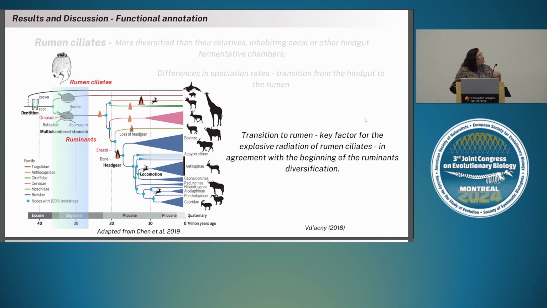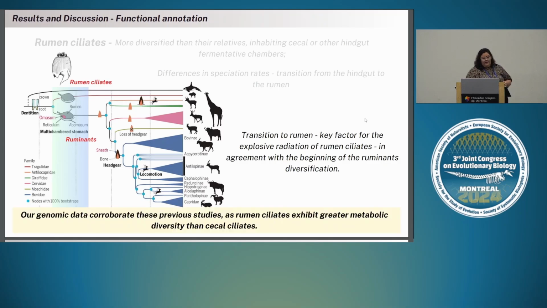Thus, the transition to the rumen may represent a key factor for the explosive radiation of rumen ciliates, and occurred at the same time as the beginning of the diversification of ruminants. And our genomic data corroborate these previous studies, as rumen ciliates exhibit greater metabolic diversity than cecal ciliates.